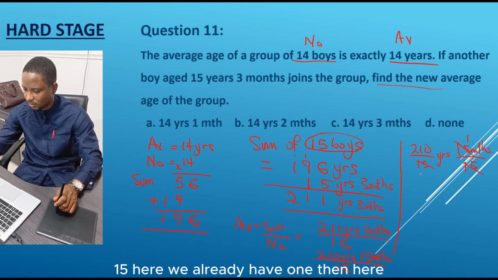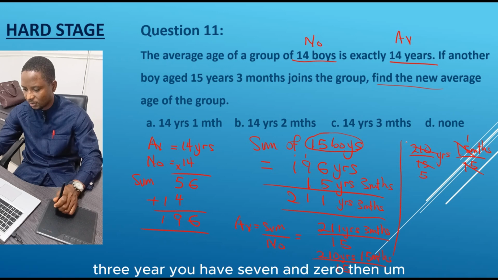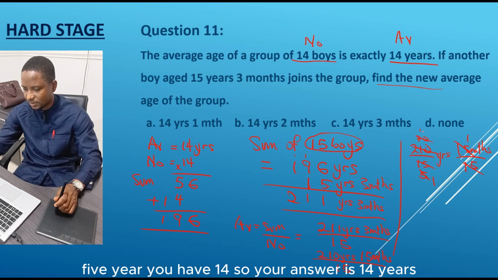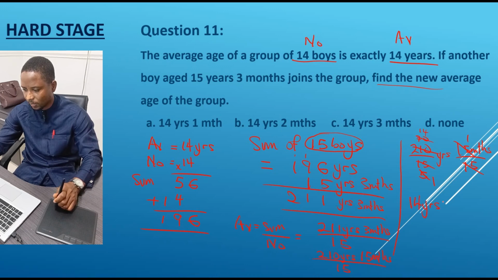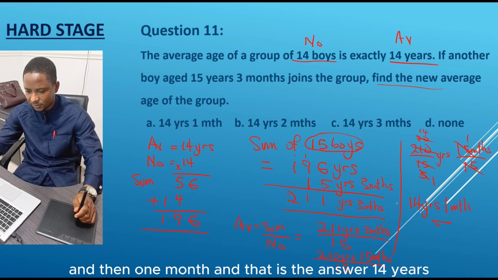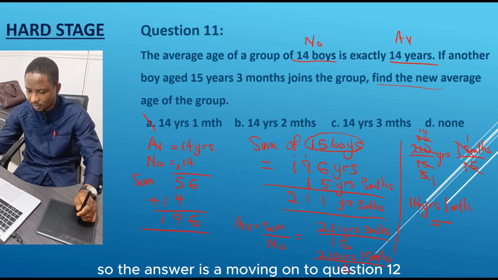Then here, let's use 5, or if you want, I use 3. 3 in 15, you have 5. 3 here, you have 7 and 0. Then 5 here, 1. 5 here, you have 14. So your answer is 14 years and then 1 month. And that is the answer. 14 years, 1 month. So your answer is A.